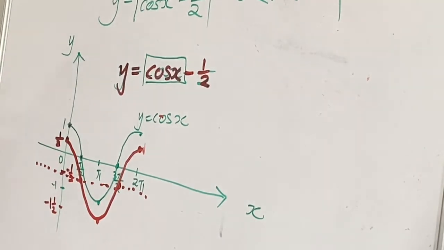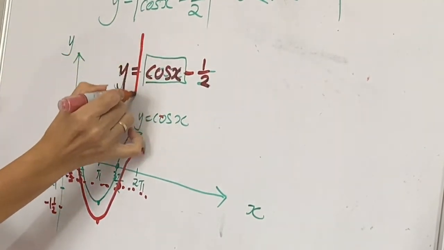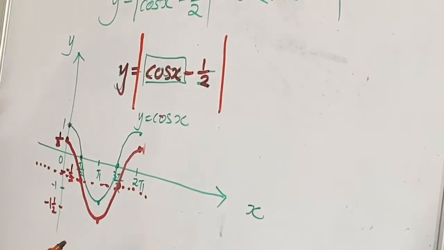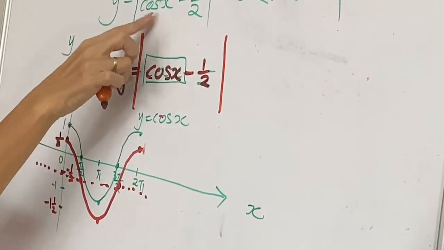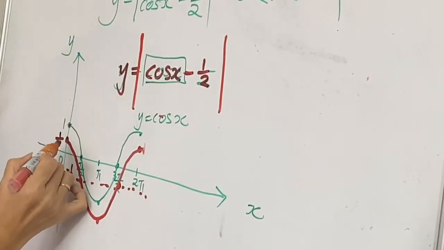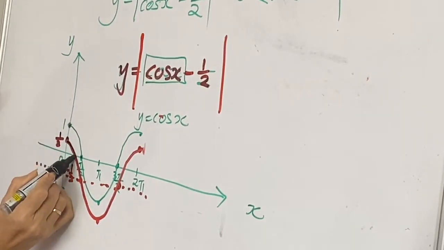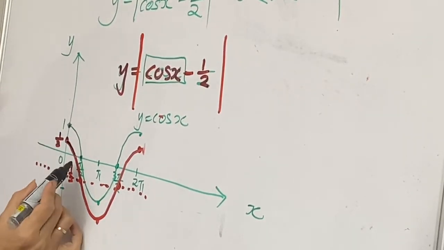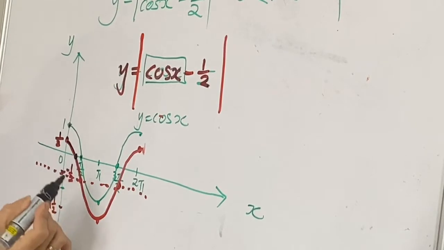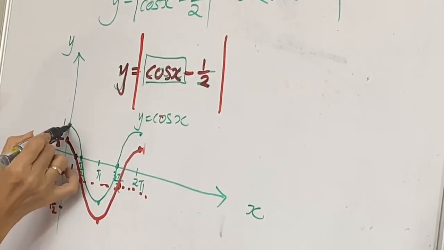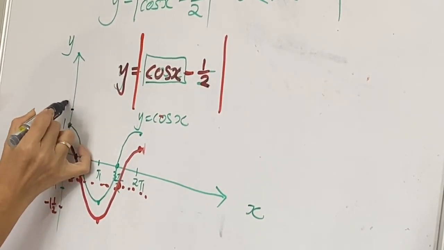How to make it positive: once you put a modulus like that, the positive part will remain unchanged. That means this part still remains unchanged. The negative part will go up. It will be a reflection, so you get 1.5 here.